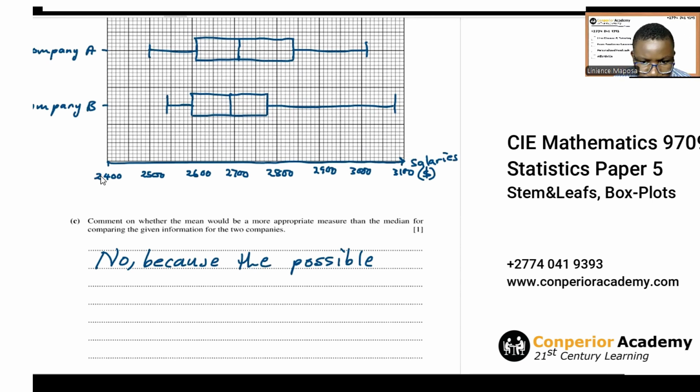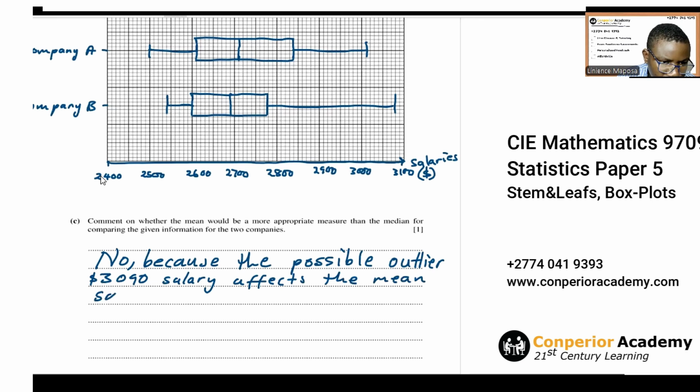So the possible outlier, $3,090 salary, affects the mean salaries of company B, but will not affect the median.